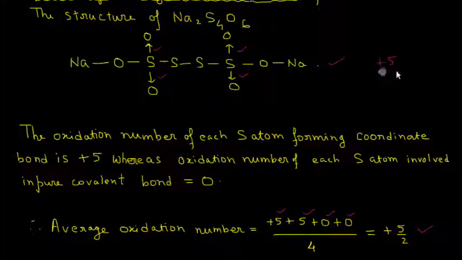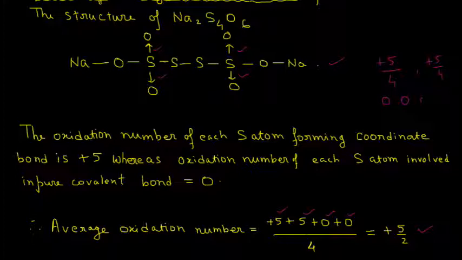So it is divided by 4, and in both cases it is +5/4, and for the pure covalent bonds we have 0. So if we add these, we get +5/2. This is the average oxidation number.